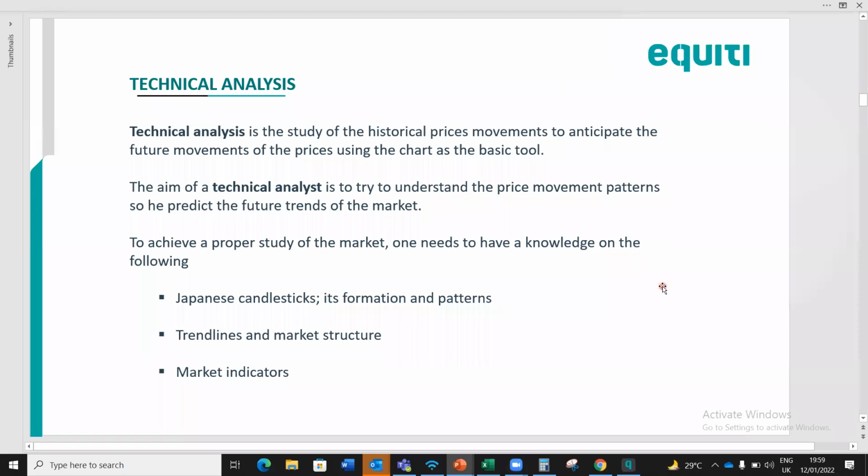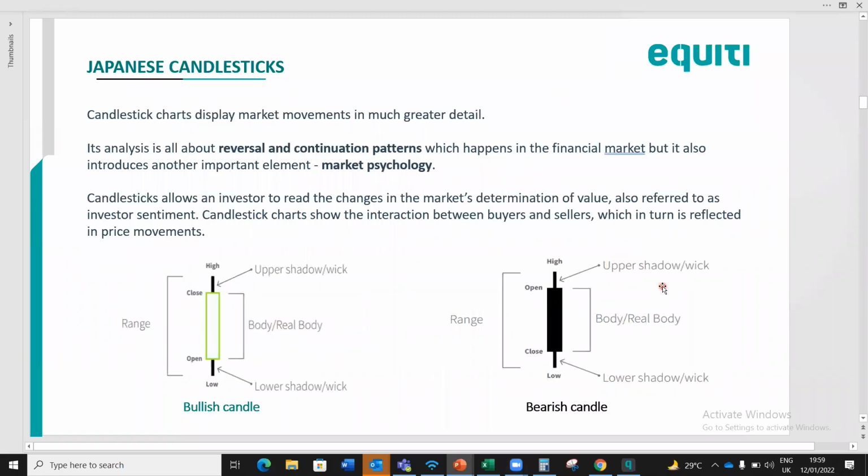Okay, so let's go into the Japanese candlesticks now, which is the first one. Candlestick charts display market movements in much greater detail. We have the line chart and the bar chart, but neither of these two types of forex charts displays the sentiments of the market participants as much as the Japanese candlestick does.